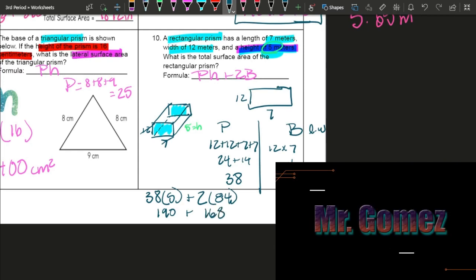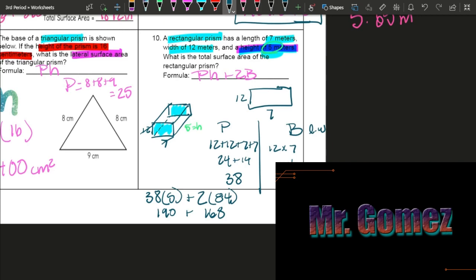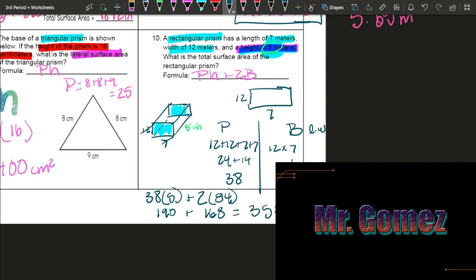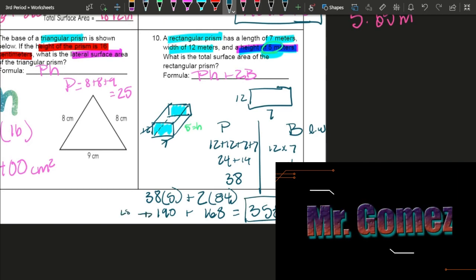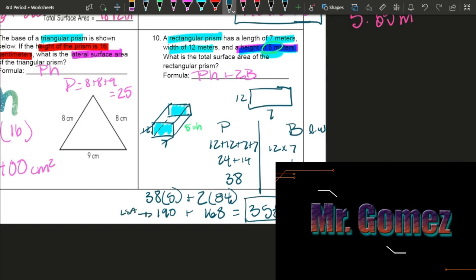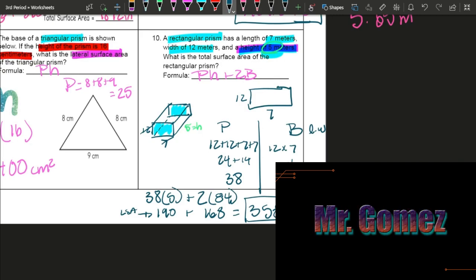And when we add these two, we get 358, and these are meters squared, and that will be my total surface area. This right here is the lateral surface area. Any questions on that one?